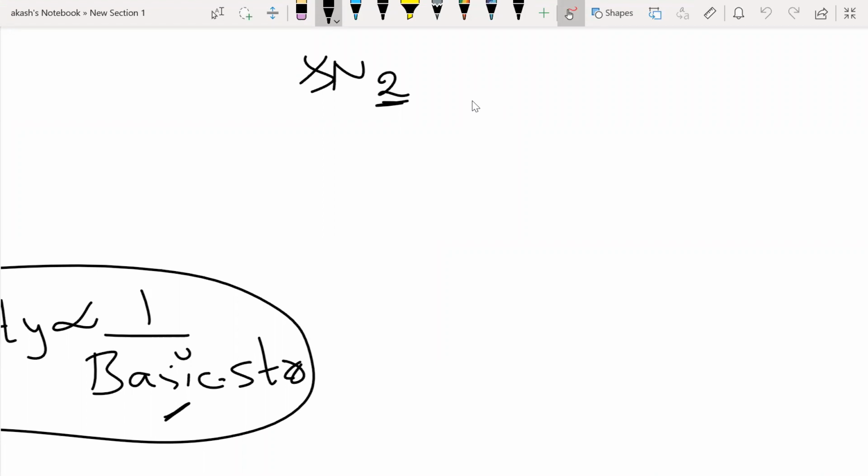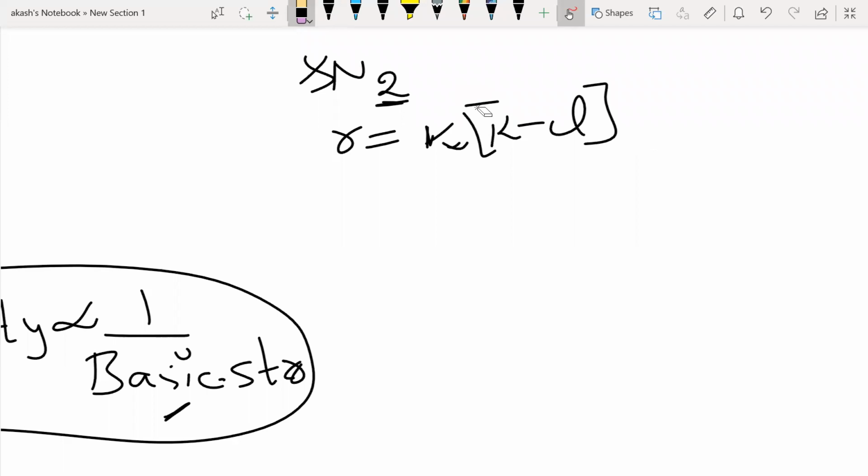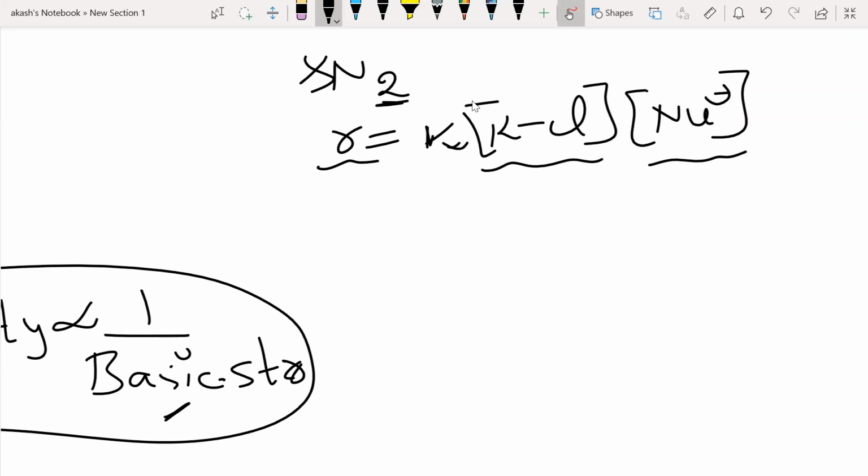So the rate law equation would be some K into the substrate, say if it is an alkyl chloride, the alkyl chloride's concentration, into the nucleophile's concentration. So rate actually depends on the substrate as well as the nucleophile. That's why we write it as 1 plus 1, 2, second order reaction.